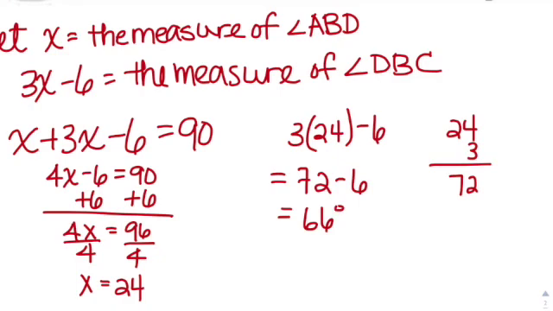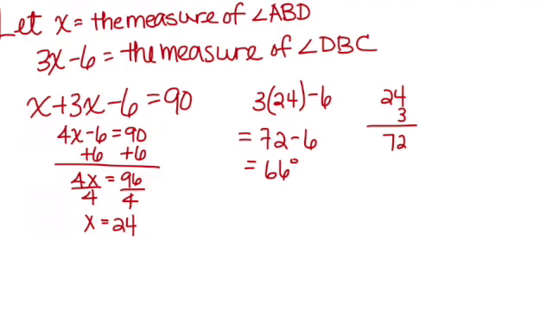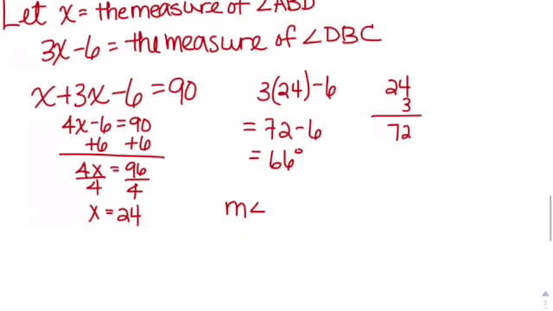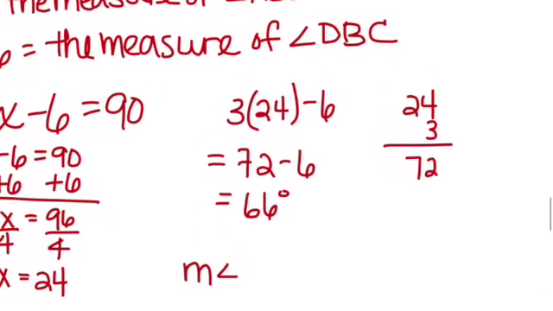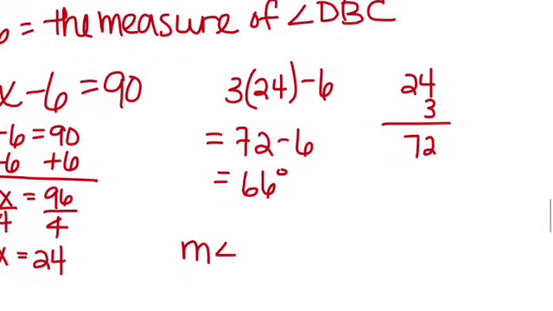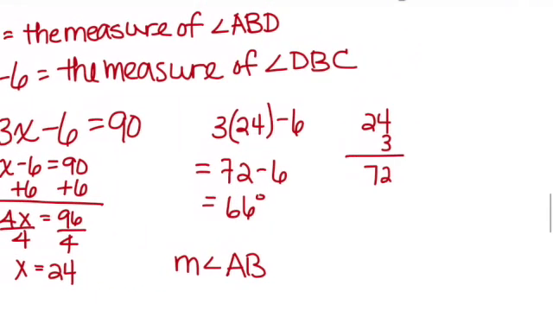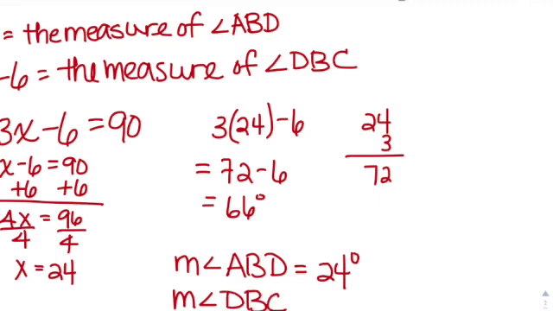So in this case, to summarize the answer for me, I don't know if you guys learned the shorthand: measurement of angle ABD is equal to 24 degrees, and the measurement of angle DBC equals 66 degrees.